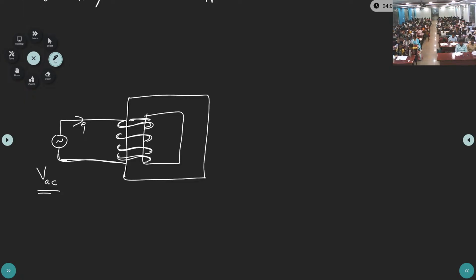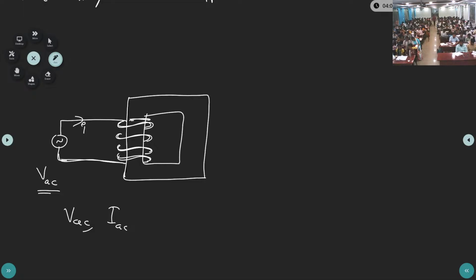Whenever we connect AC voltage to the primary of the transformer, a current I flows in the transformer. Because the supply is AC, the current is also AC. Whenever we apply AC voltage, there will be AC current.